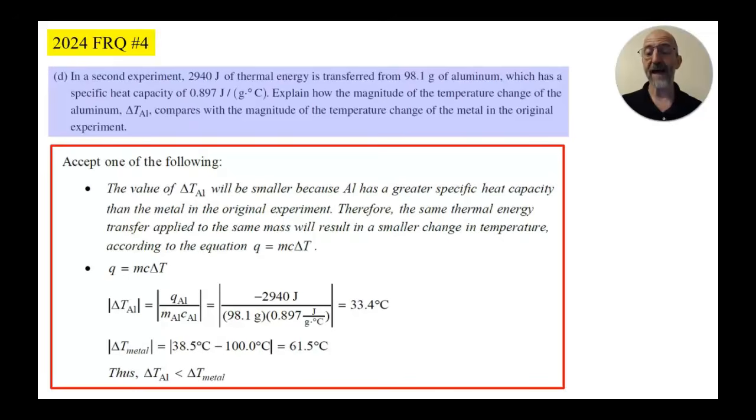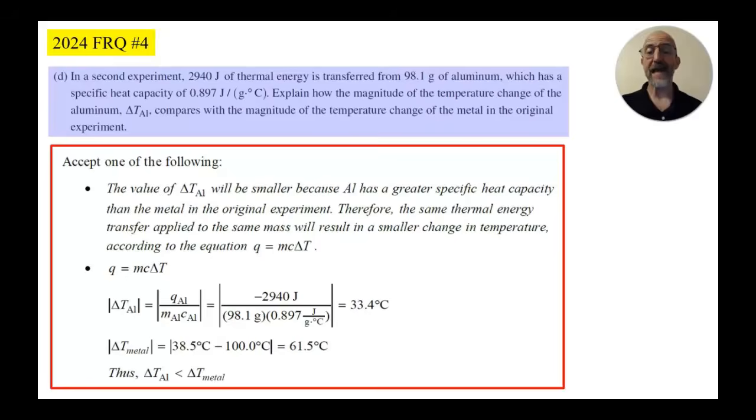We have the mass of the aluminum, we have the specific heat of the aluminum, and we discovered that 33.4 degrees Celsius is a smaller change in temperature as compared with 61.5 degrees Celsius. So either way, in words or in mathematical calculations and setup, you can say that the delta T for the aluminum experiment will be less than the delta T for that first experiment.